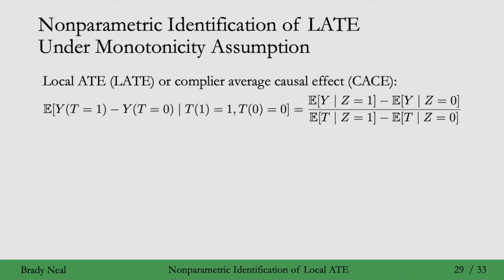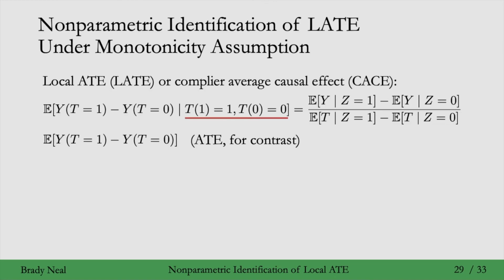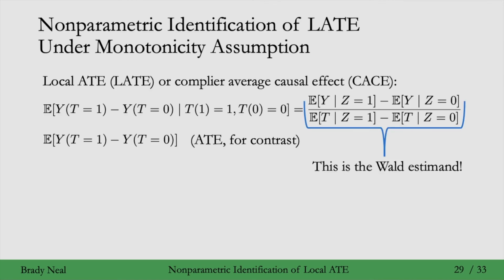We have the local average treatment effect, or LATE, on the left-hand side, and the result that we just got on the right-hand side. And this causal estimand that we've identified is the causal effect in the complier group. So it's not quite the causal effect in the global population. That's what the ATE would be. So for contrast, here's the ATE right below it, where we're not conditioning on being compliers. That's this part here in the LATE causal estimand. And then the statistical estimand that we ended up with is just the Wald estimand.